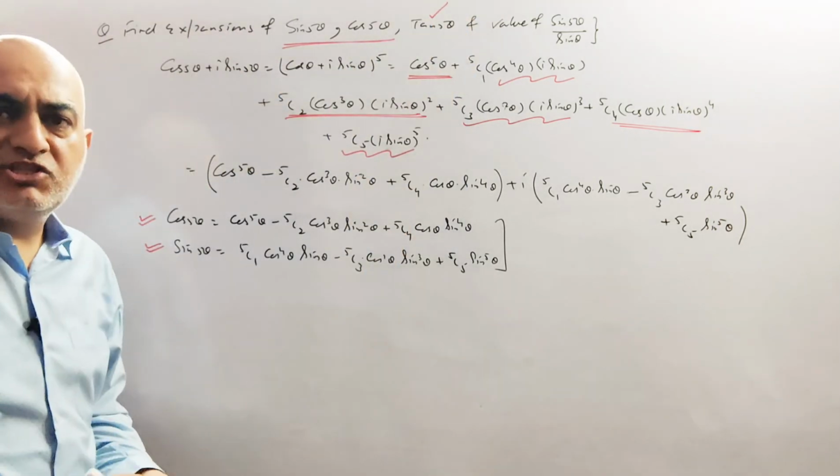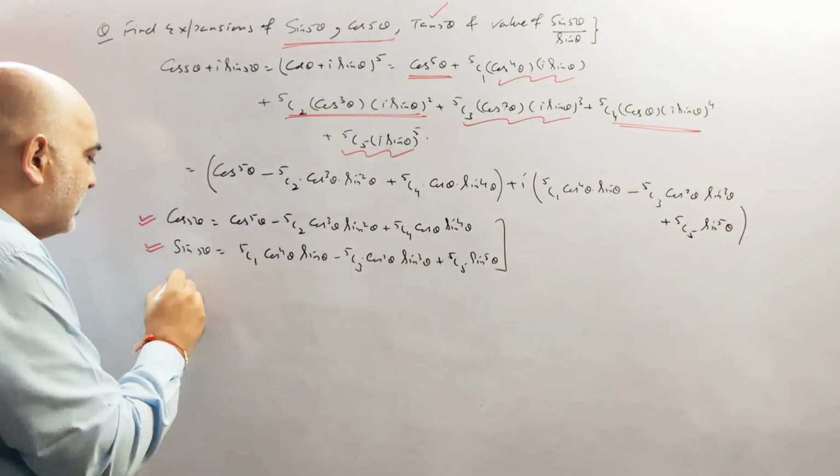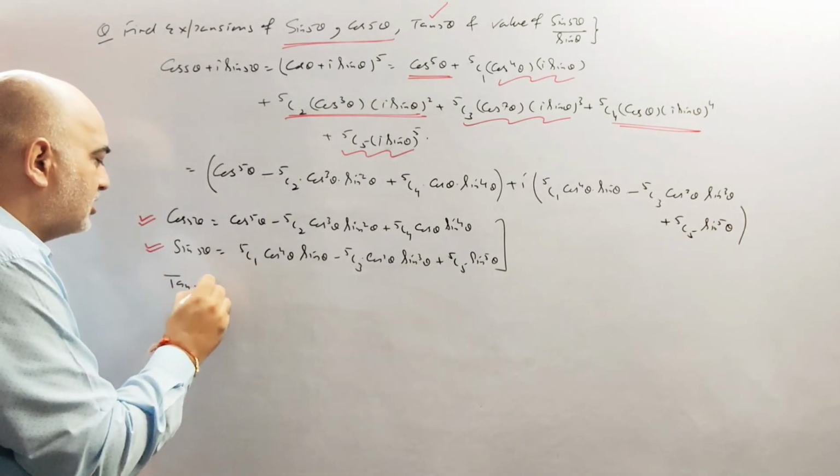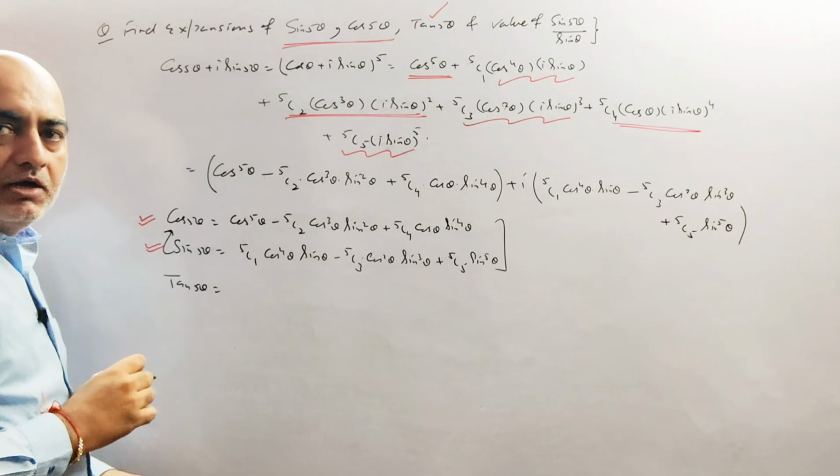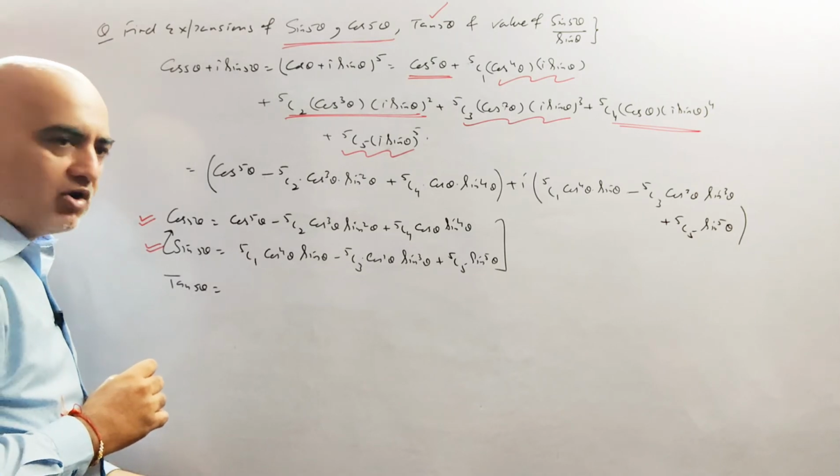After that, we need tangent of 5 theta. So what will happen? Tangent of 5 theta becomes sine 5 theta divided by cos 5 theta.